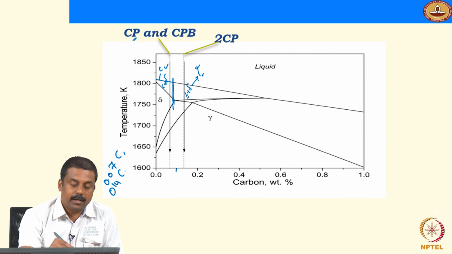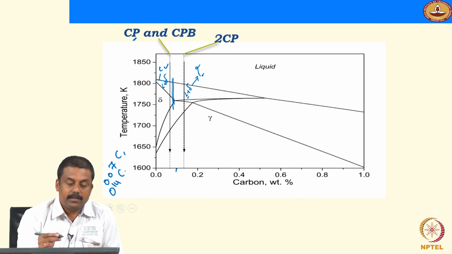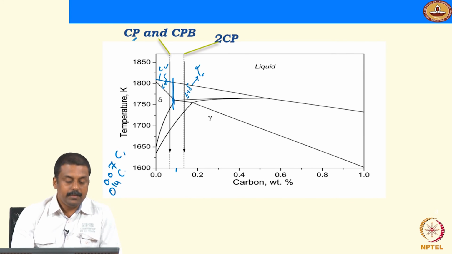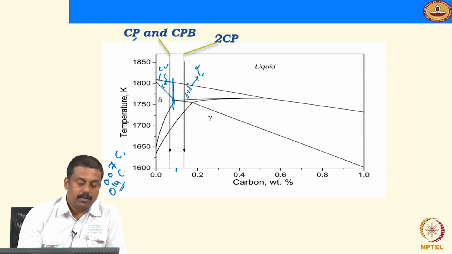When you have solidification directly to complete delta ferrite, where the microstructure becomes 100% delta ferrite and subsequently transforms to austenite, you may expect a larger segregation of carbon in liquid during solidification.